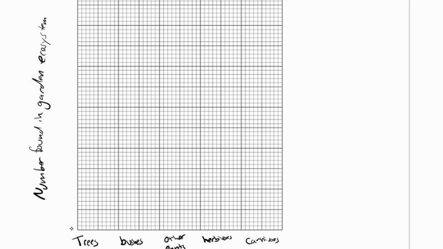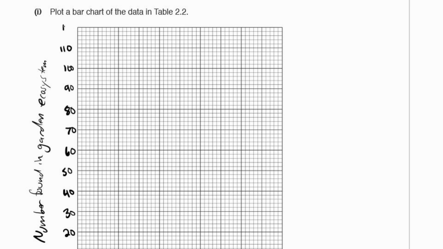So it does look like we can start at 0, and the numbers work nicely that we can go 10, 20, 30, 40, 50, 60, 70, 80, 90, 100, 110, and 120. And if you look at these, each small square would be 2, 4, 6, 8, 10. That'll be 2. All right, good. Now we can plot our graph.